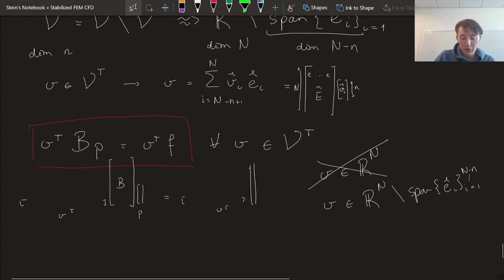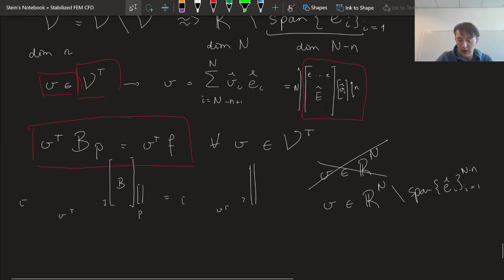Well, we have a nice representation for functions in that space, and functions in that space could be written like this. So let me now substitute that in place of v here.